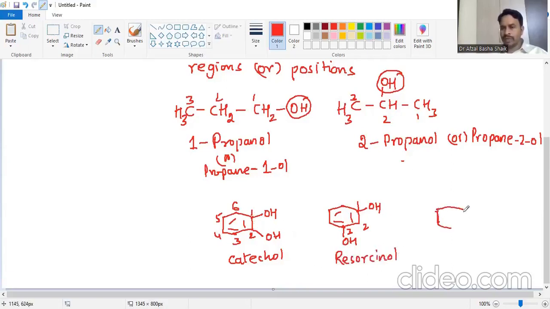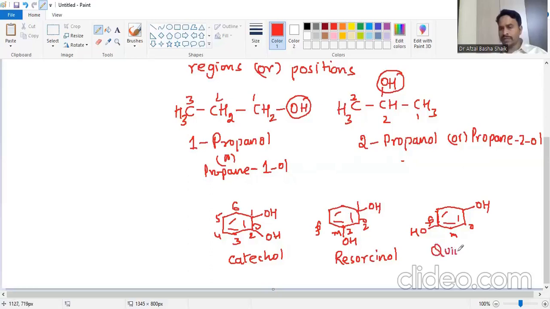And whenever the hydroxy groups are para to one another, this is ortho, this is meta, and this is para. In the meta position, you will see a hydroxy group here, and in the para position, you will see a hydroxy group here.